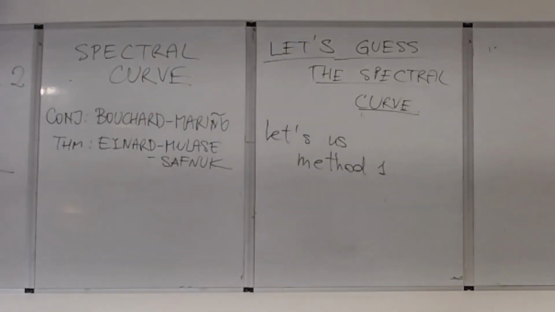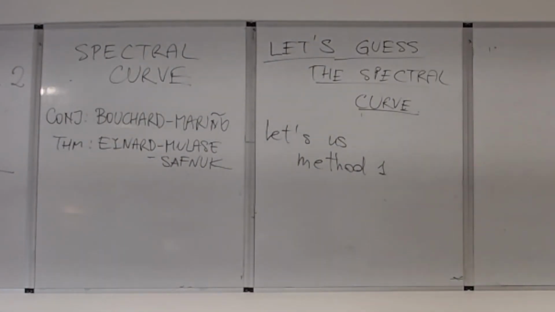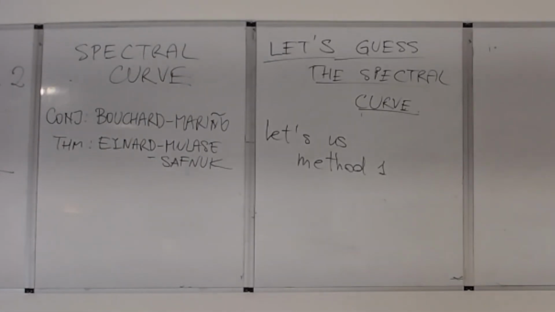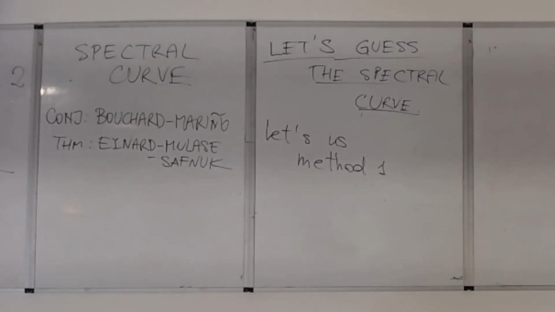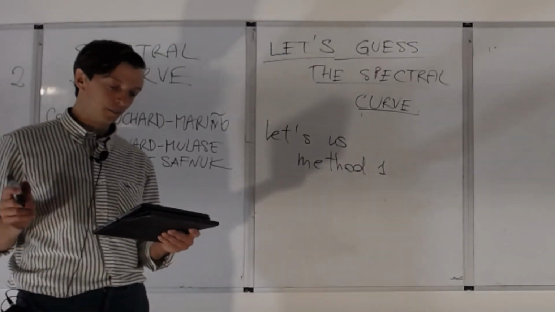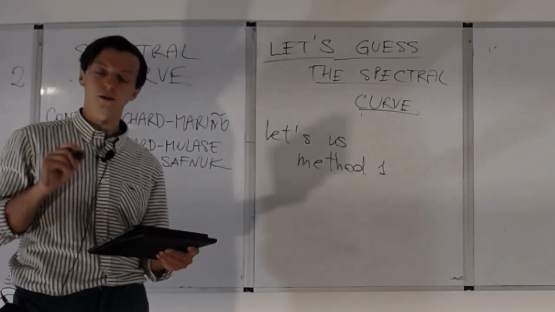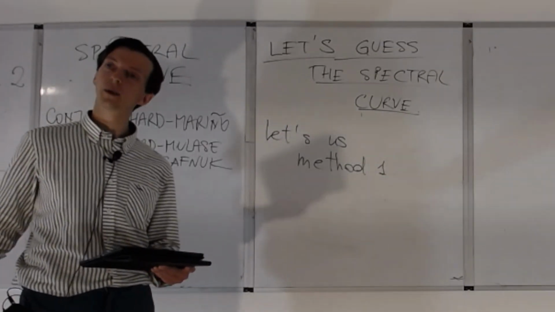Let's use method 1. Actually, the way I wrote it is to start from a spectral curve and then prove that it's Hurwitz numbers. So I will need to reverse the whole computation, but it doesn't look so good. I'm going to mess up if I try to reverse the whole computation on the spot. Let me do it the way I wrote it, and then you will read it backwards.